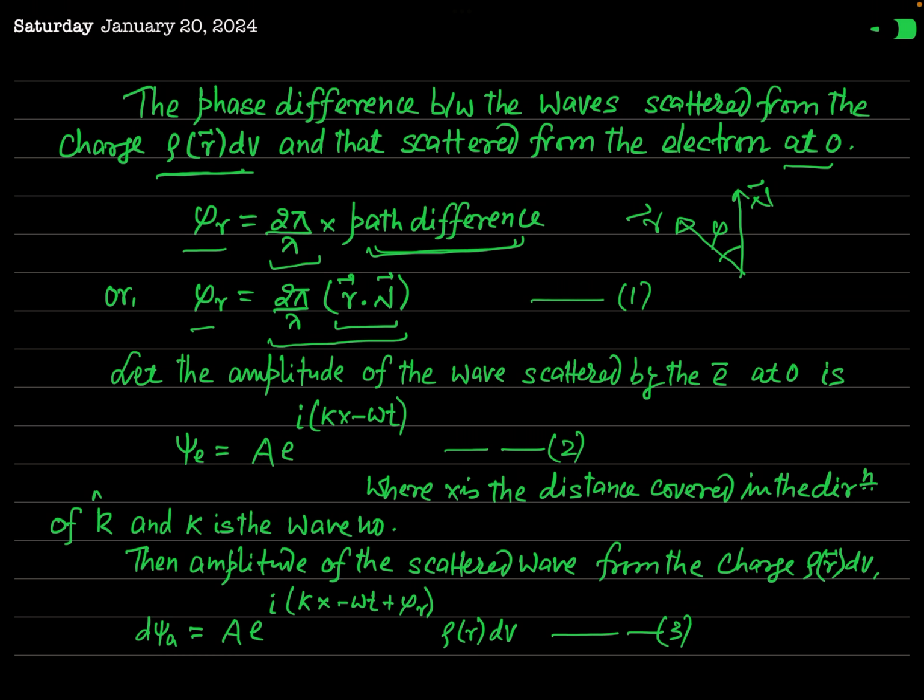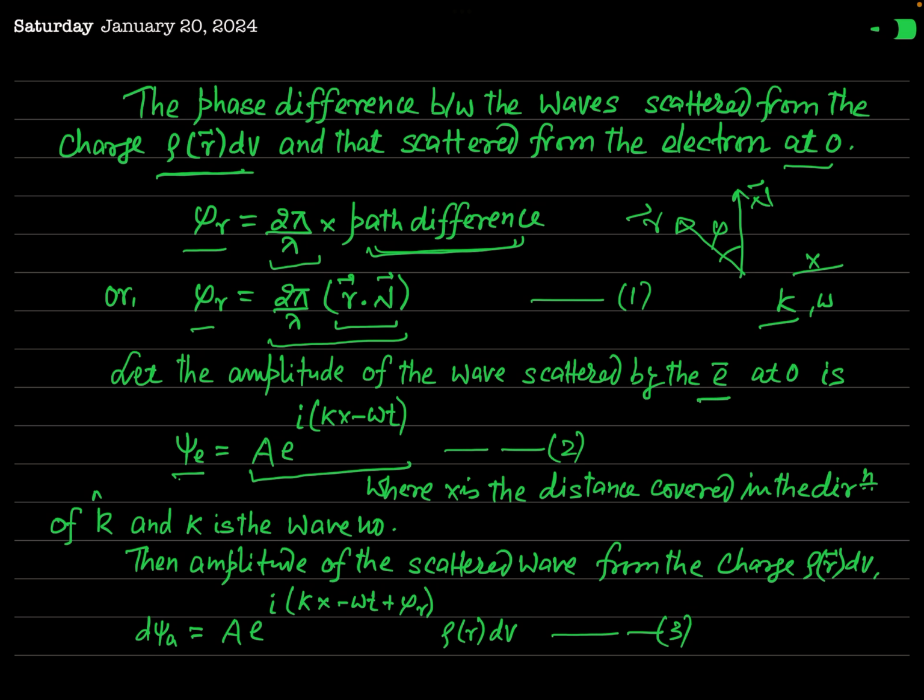So if you consider that k is the wave number, or the magnitude of the wave vector, and omega is the frequency of the scattered radiation, and it covers a distance x in the scattered direction, then the amplitude of the wave scattered from the single electron at O can be given as psi e equal to a e to the power i(kx minus omega t).